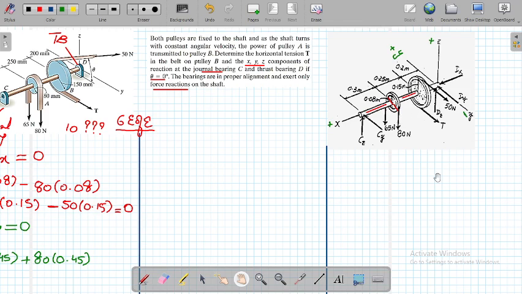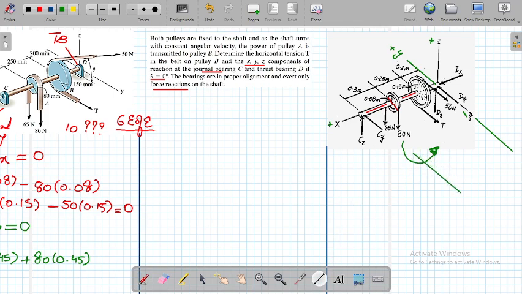For your own understanding, this is our y-axis, and this force is going to rotate the body in this sense, and your y-axis is just like this.